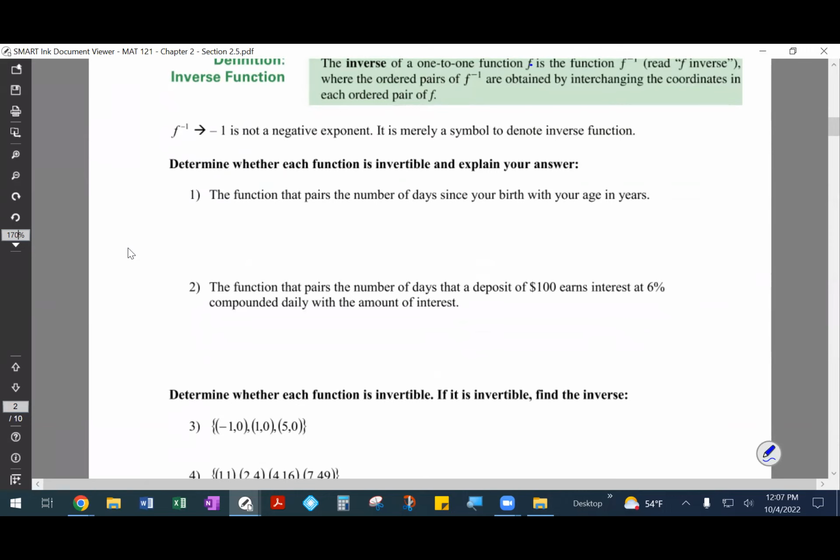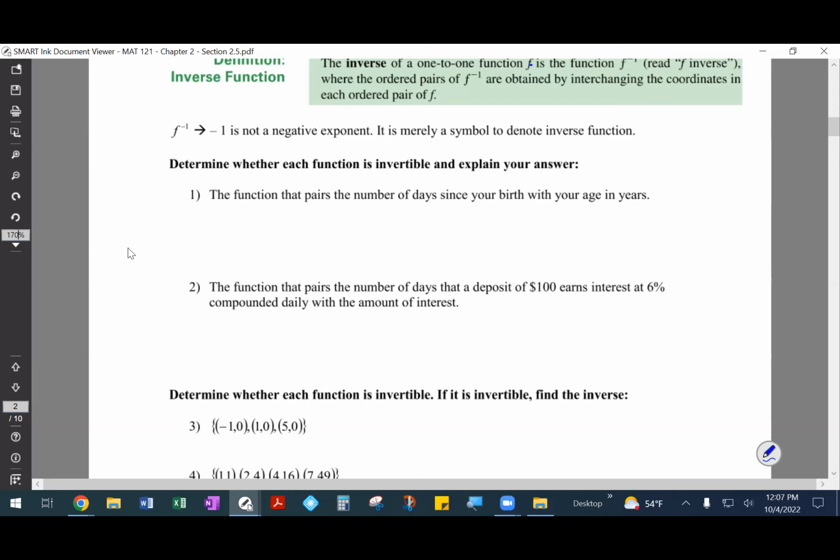So basically we're looking at two quantities, the number of days since we were born and our age in years. Can that be a one-to-one relationship? For each number of days since we were born and our age in years, there should only be that one-to-one relationship. There can be no overlapping.